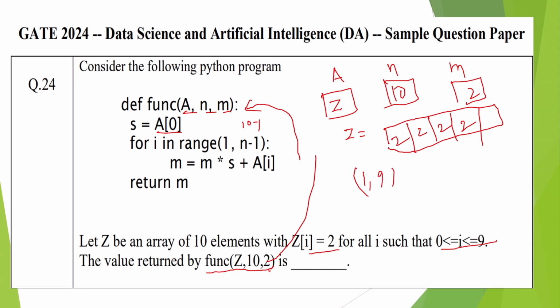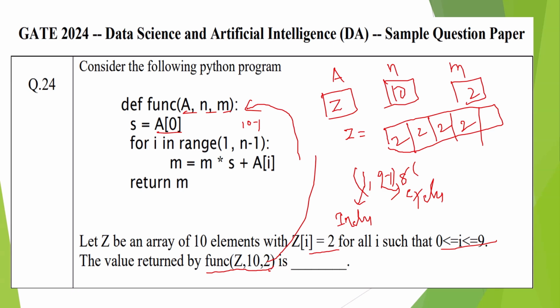We know in a for loop the start is inclusive and the end is exclusive. Exclusive means it will always come minus 1. So the loop will run up to 9 minus 1, that is 8. It will run up to 8 only.